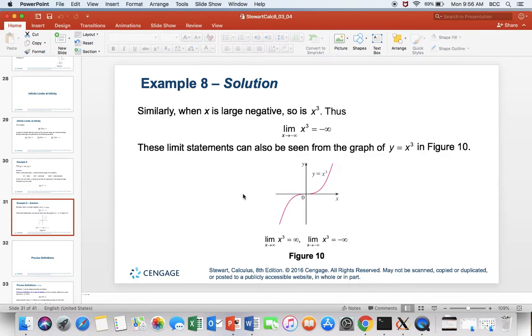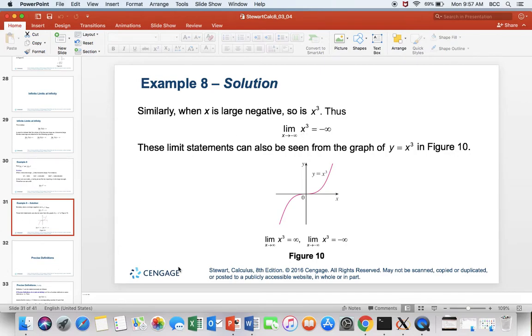When x approaches negative infinity, your value approaches negative infinity. I hope this is clear. You see, x cubed: if you input any negative value for x, say negative 5, negative 5 times negative 5 times negative 5, the negative survives because there are three negatives.